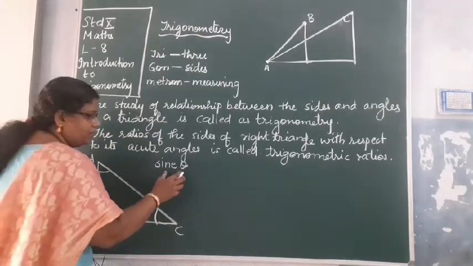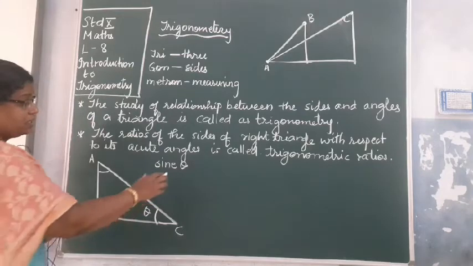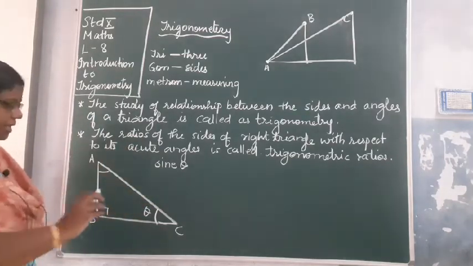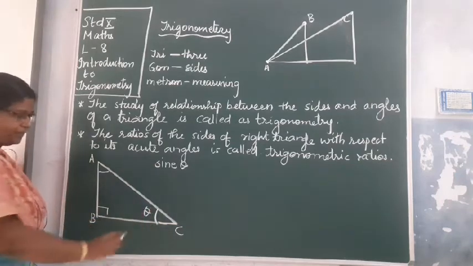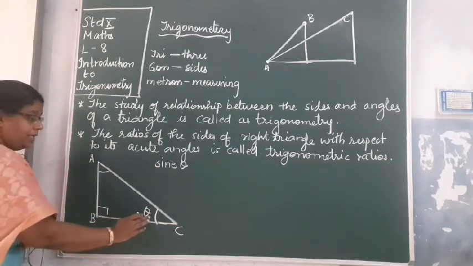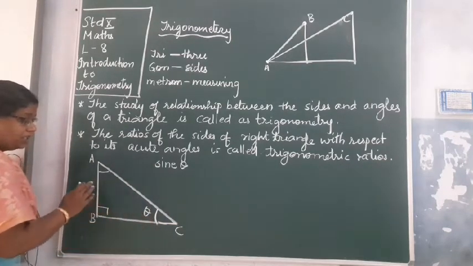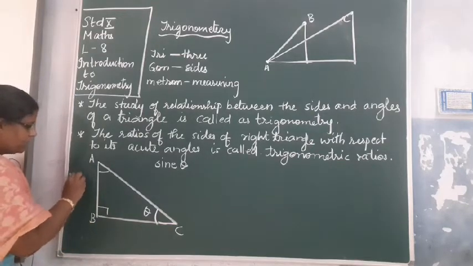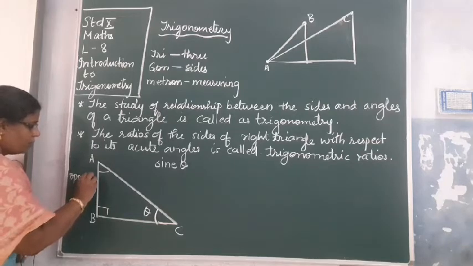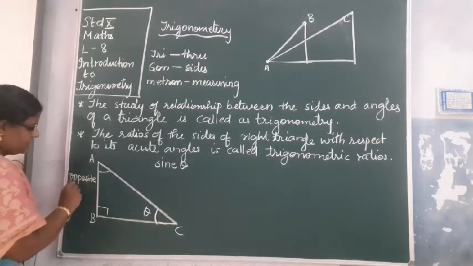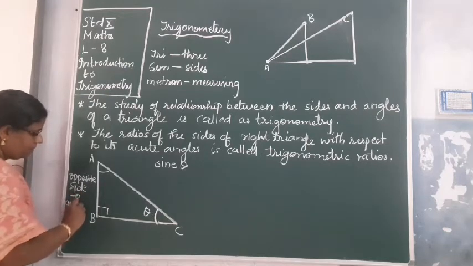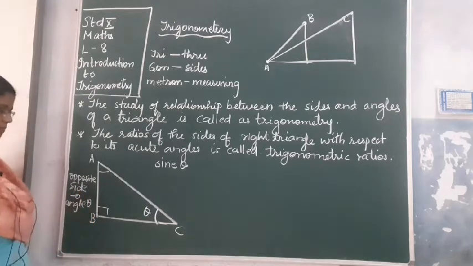So this is the representation for sine theta. Before going into that, let us understand with respect to theta, this angle theta's just opposite side will be called the opposite side to angle theta.